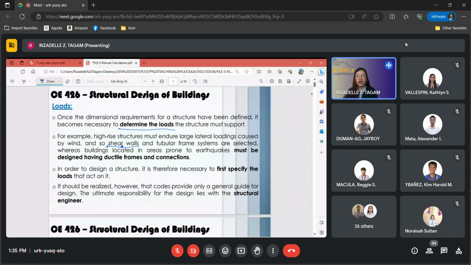Whereas buildings located in areas prone to earthquakes must be designed having ductile frames and connections. So, ma-identify po if what we say, your area is prone to earthquake. Naatay mga data naata maka-search to sa Fivox, no? On what location ang naay mga pinakaduol na fault line, kung sa po yung mga factor for earthquake loading ang gamiton.